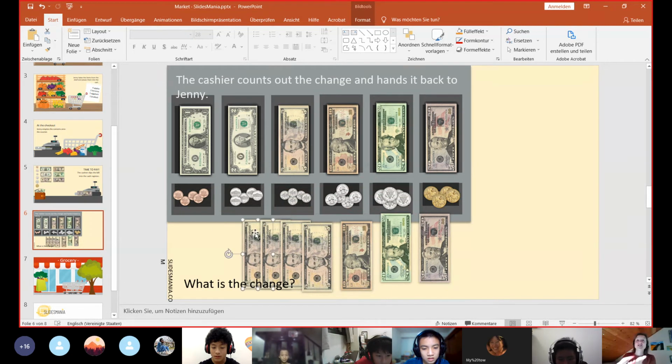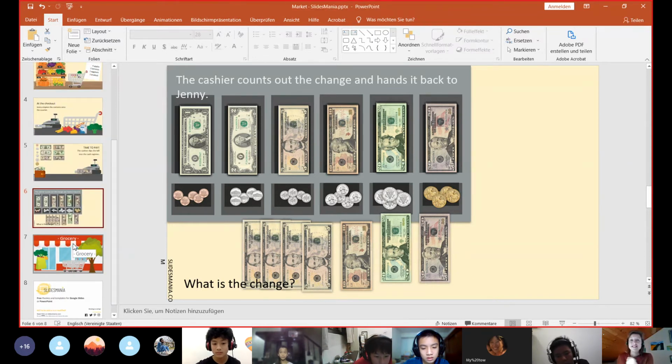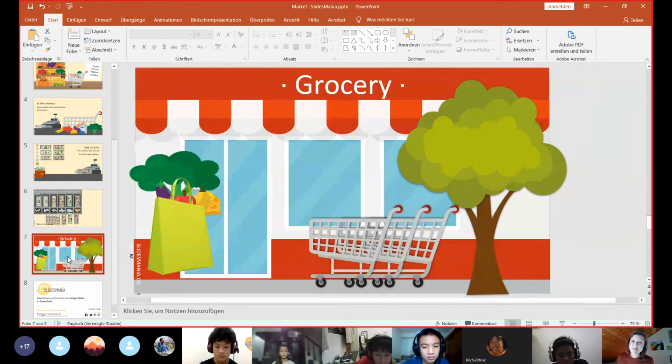Okay, so the cashier really counts all the bills to give them back. So the change to give it back to Jenny. And then Jenny takes the money. She takes her groceries, her bag of groceries. We can see that here. And then she heads for home.